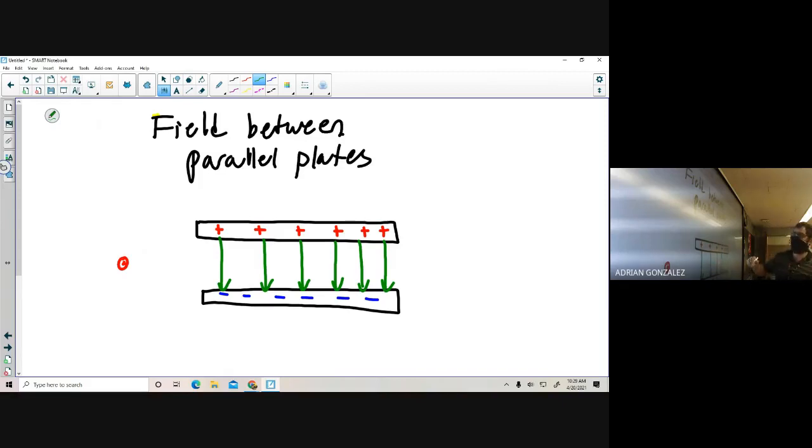And so what the field lines are going to do out here is they're just going to kind of curve, like that. They're still going down, which is a little bit of a curve on the edge. Does that make sense? Yes?